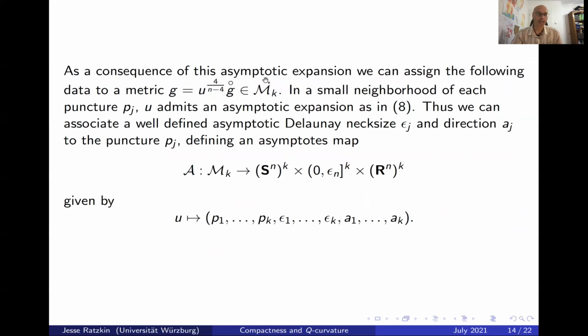As a consequence of these asymptotic expansions, we can assign some asymptotic data to each metric in the unmarked moduli space. So how do we do this? The first piece of this asymptotic data is obviously just the choice of the punctures, P1 through PK.